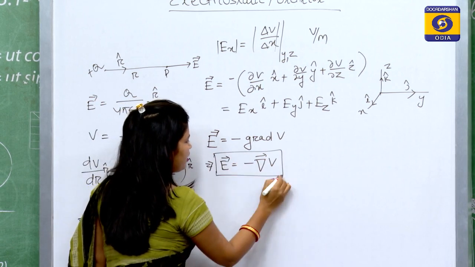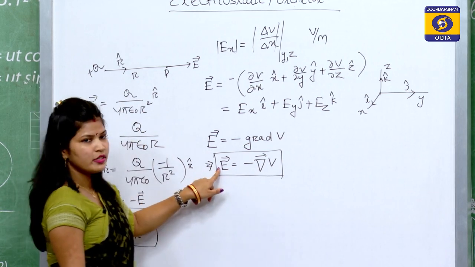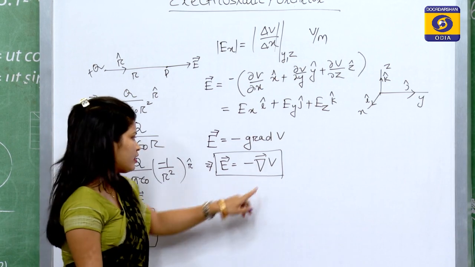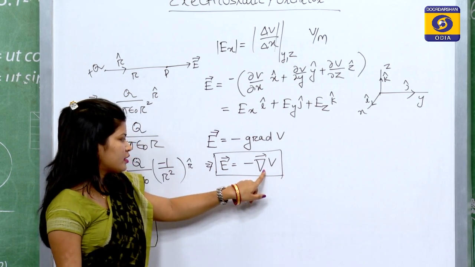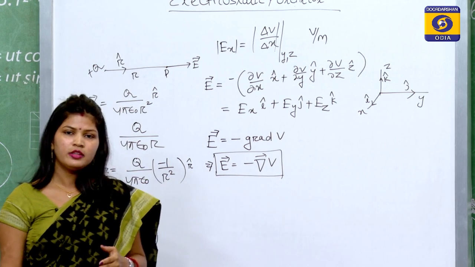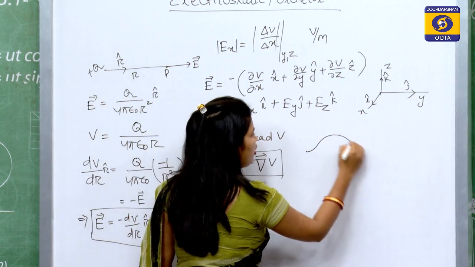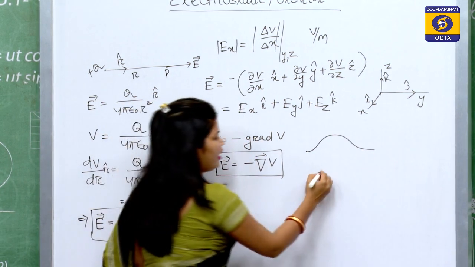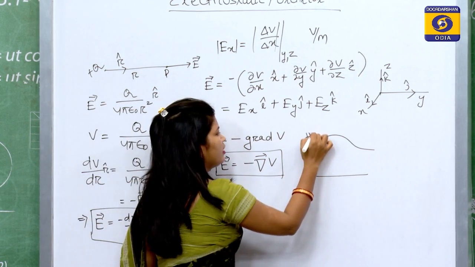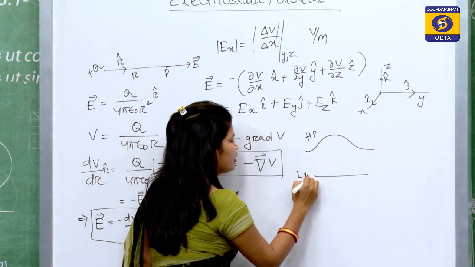This negative sign indicates that electric field points from a region of higher potential to lower potential, and the gradient points in the direction of maximum increase of the potential V. Suppose you have a mountain here and here it is the ground, then the mountain has higher potential and the ground has lower potential.